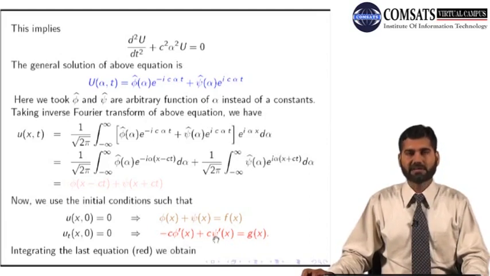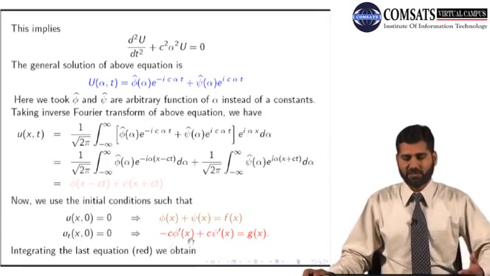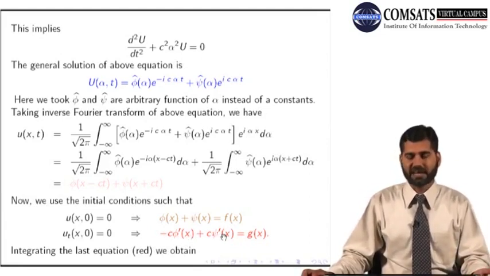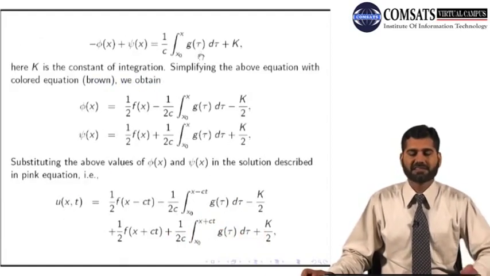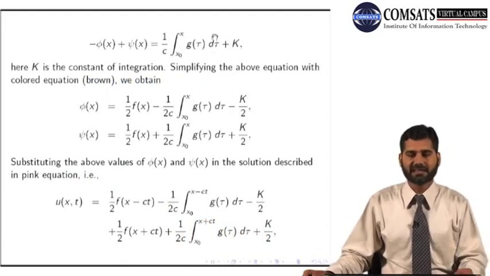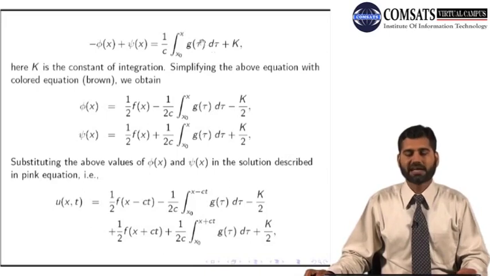From here, if you integrate the second equation, because we are getting the derivatives on the left hand side, to get rid of the derivatives, I need to integrate. So if I perform integration on the left hand side, it will give me minus phi(x) plus c(x) is equal to the integral of g(x) dx. Because we are integrating from x naught to x, I can replace this dummy variable with anything else, let's say tau: g(tau) d tau, where tau goes from x naught to x, plus a constant k.